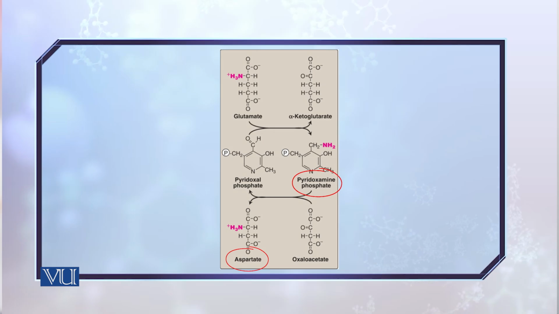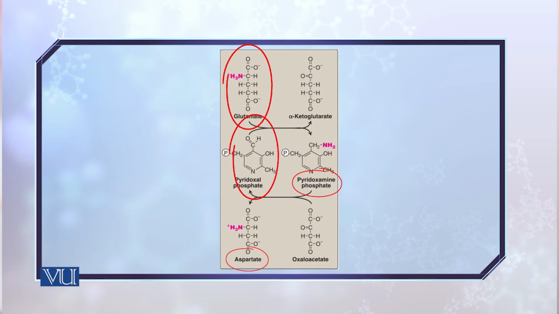What happens actually is that the PLP gets the amino group, and that amino group is then given to a keto acid, and you get the glutamate at the end, and as a result of this, the original PLP is retained or regenerated.